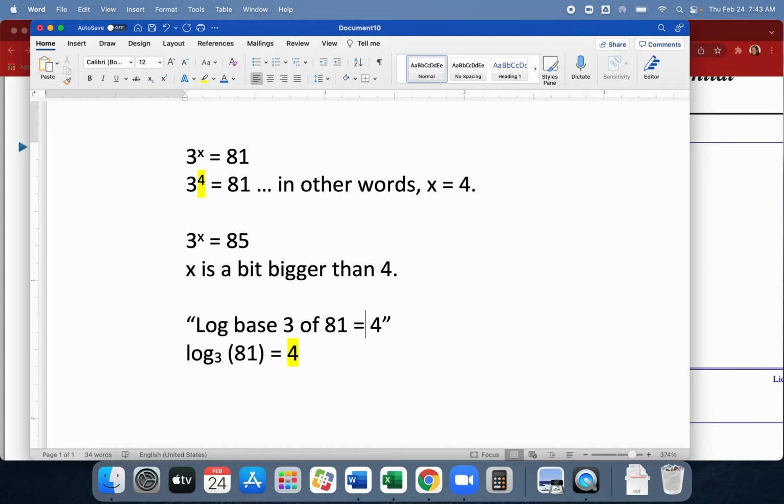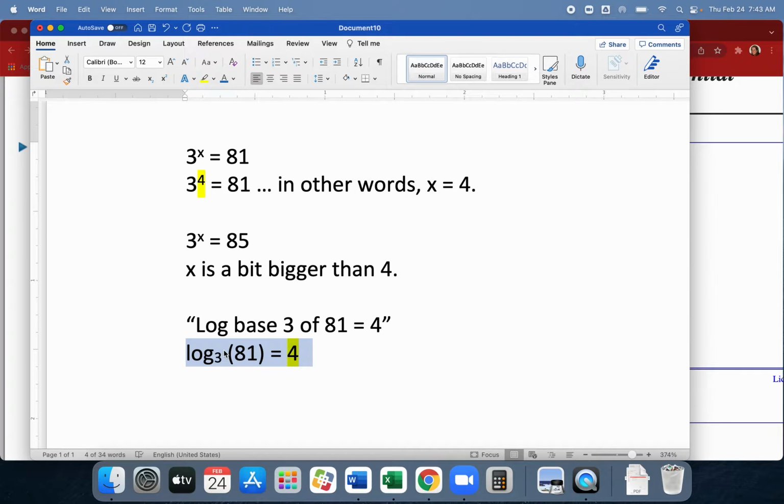On the other hand, if I had a function g of x, which was log base 3 of x. Again, in both cases, the 3's are given. Function g, if I plug in 81, so that it looks like the left side of that expression, log base 3 of 81, the output is 4.